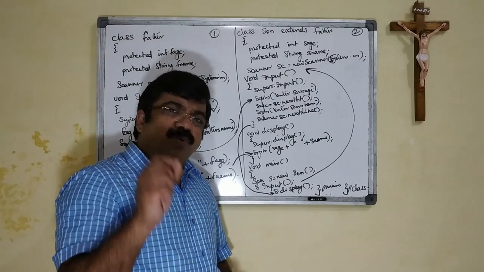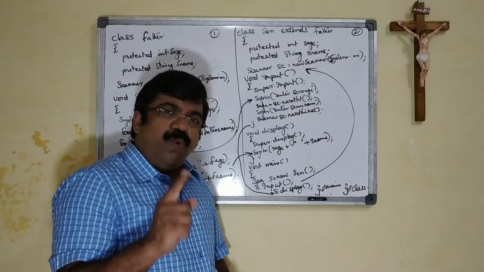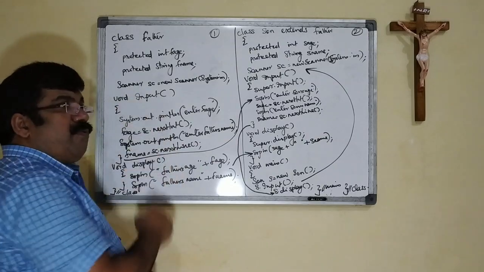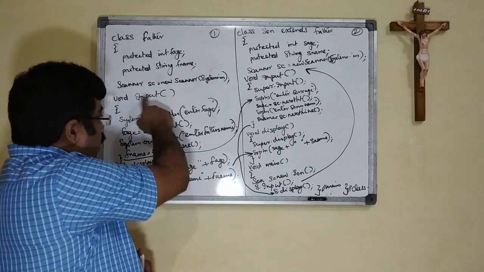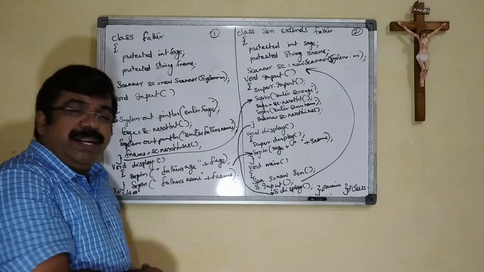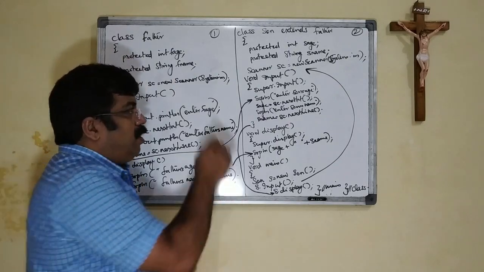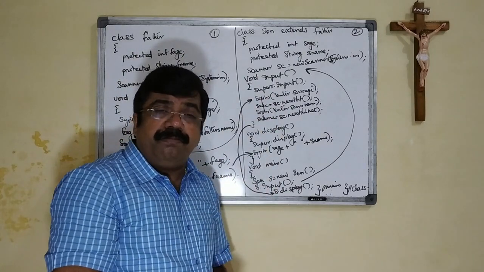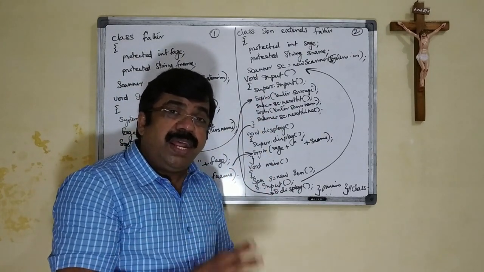Now I would like to remind you of one particular thing here. The base class member function names were input and display. The derived class also has the same function names, input and display.